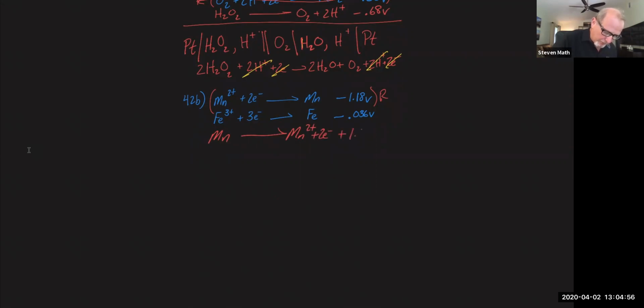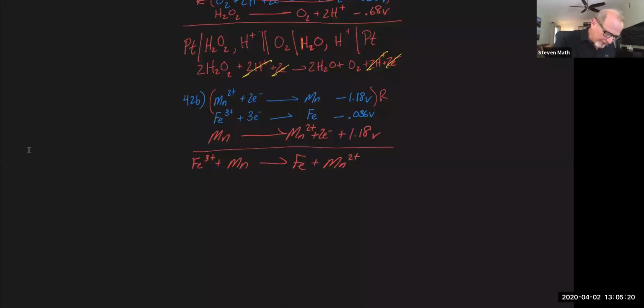Becomes a positive 1.18 volts. And so our overall would be Fe3+ plus Mn goes to Fe plus Mn2+. Now, this is not balanced, and that's okay. We're not worried about it.